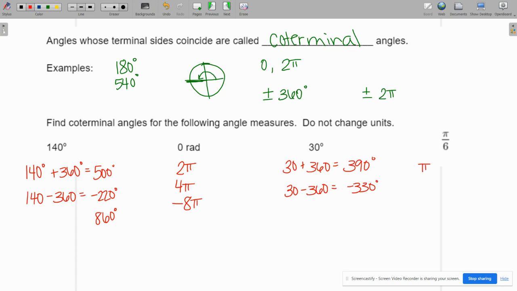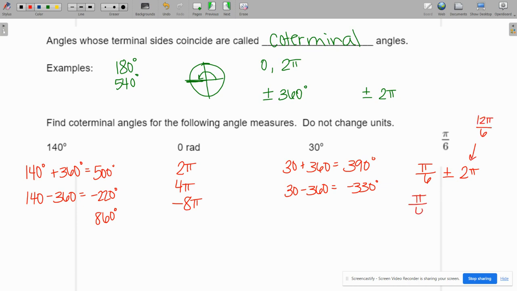The toughest situation is when you're taking something in radians that's a fraction and you have to add or subtract 2 pi. So remember, adding any fractions, you want to have denominators be equal. So if I'm talking about having a denominator of 6, when I'm adding 2 pi, I prefer to think of this as something over 6. So 2 pi is equivalent to 12 pi over 6.